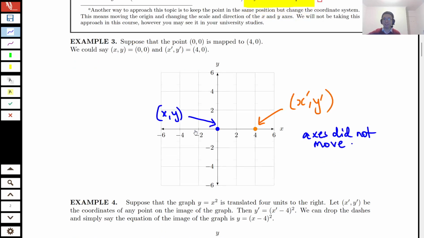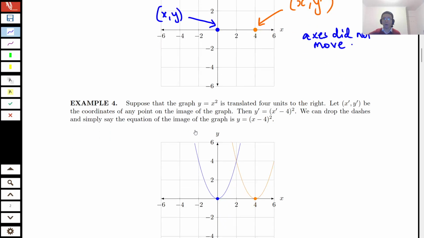So imagine a situation now where I have the graph in blue, y equals x squared. And now I undertake a transformation where I translate the graph 4 units to the right. Now you've already done a unit on parabolas, so you know the equation of this graph in orange after the transformation is y equals (x minus 4) squared.